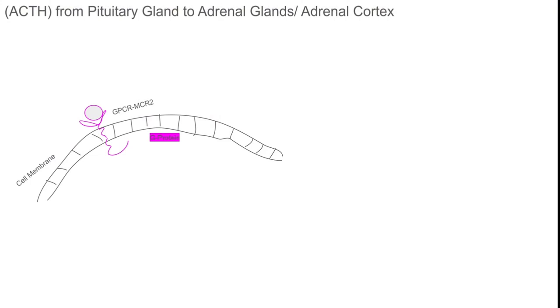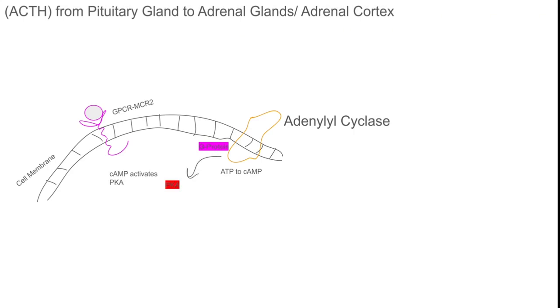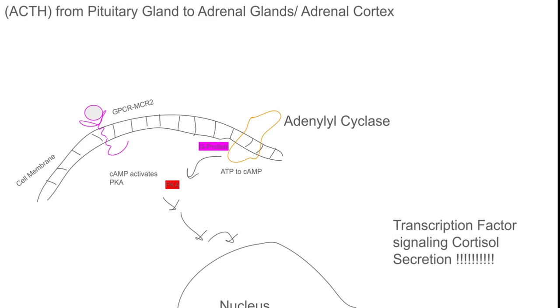Same thing, outputting GDP and intaking GTP, allowing it to move along the cell membrane towards adenylyl cyclase. This activates adenylyl cyclase. It converts ATP to cAMP, the second messenger again. And this triggers protein kinase A, which then directly signals the nucleus. This activates a transcription factor signaling cortisol secretion.